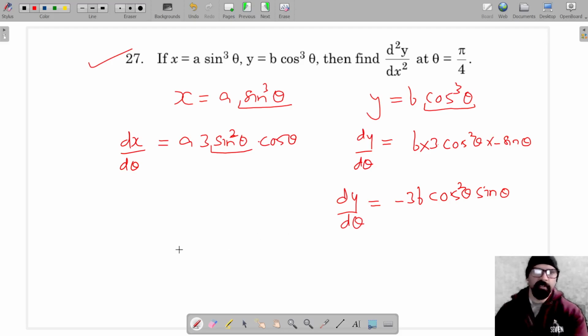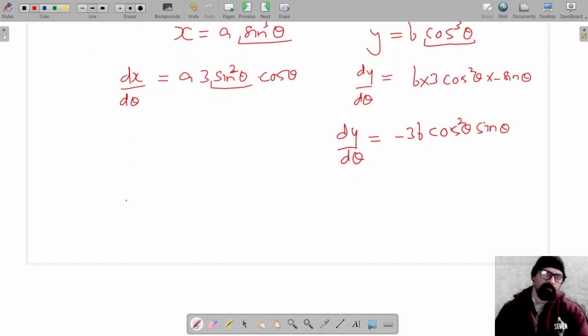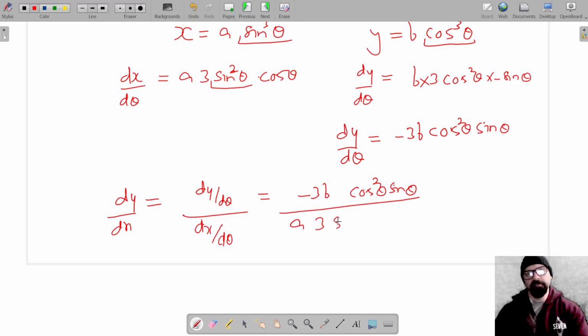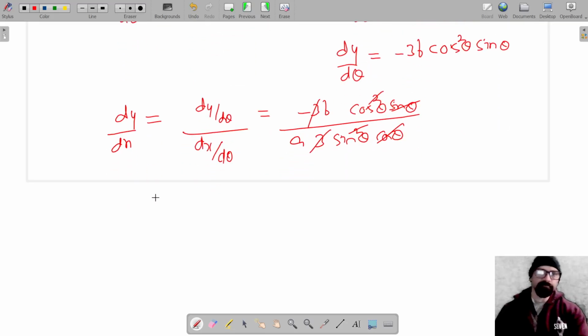Now let's find out dy by dx. And how do we find dy by dx? So dy by dx is dy by d theta divided by dx by d theta, which is minus 3b cos square theta into sine theta upon a into 3 sine square theta into cos theta. 3 and 3 get cancelled.